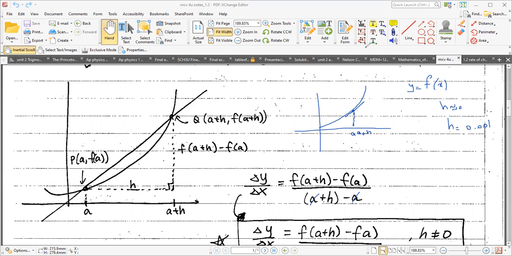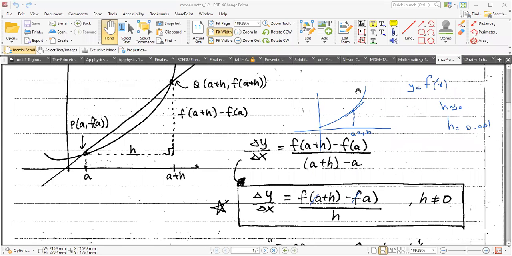Then you have that equation, f of A plus H minus f of A divided by H. Make sure H is going to be a very small number, like 0.001.